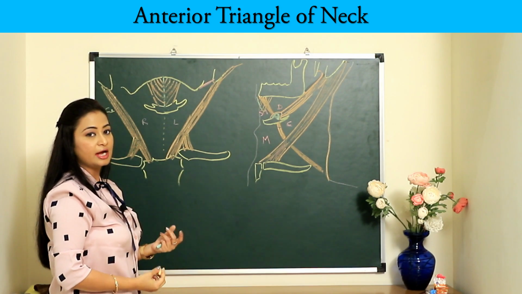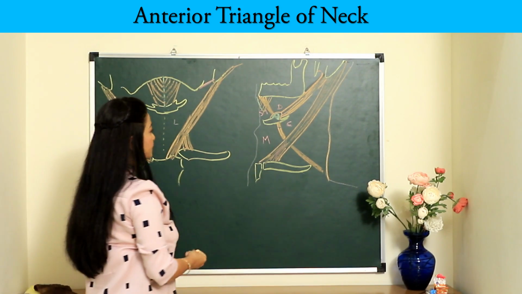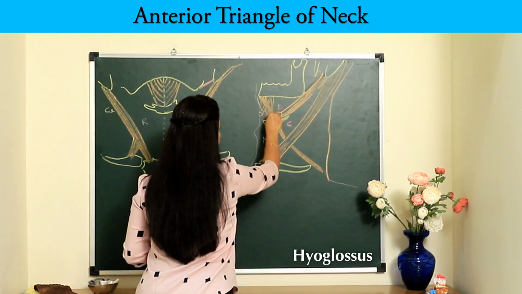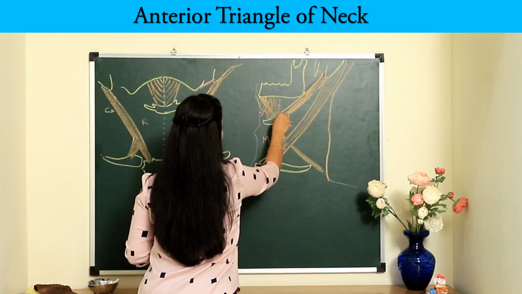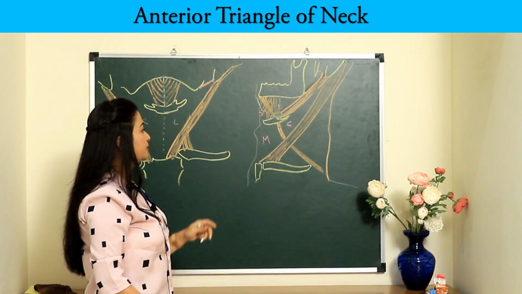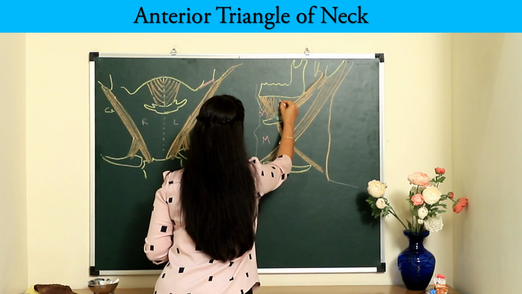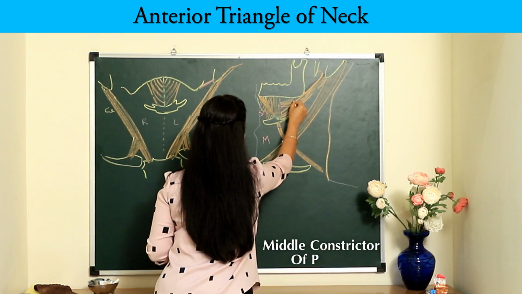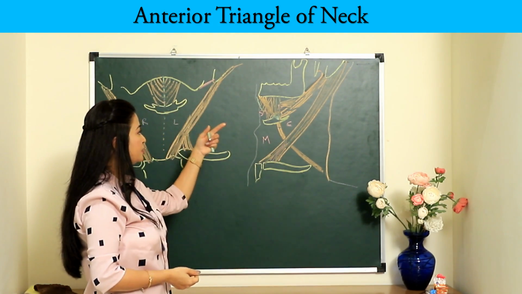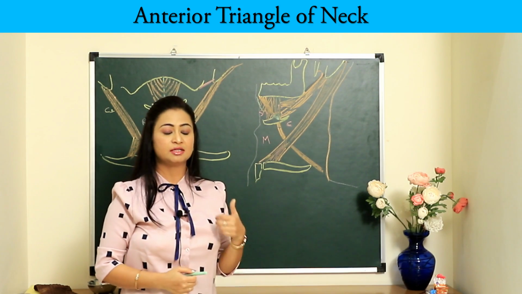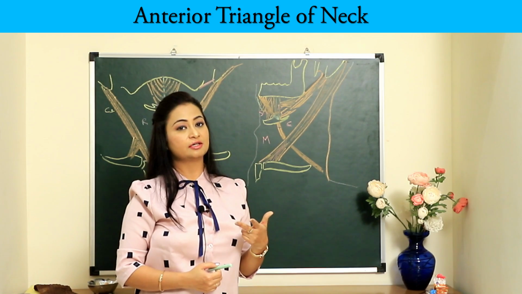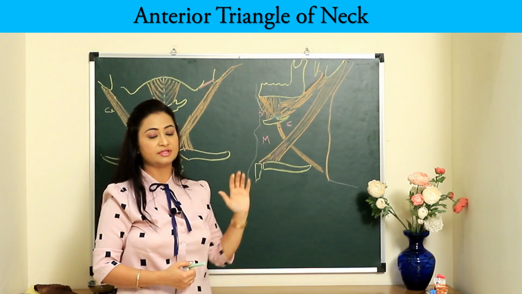Alright, next, deeper to the mylohyoid, you have another muscle known as the hyoglossus, the fibers of which run vertically downwards like this onto the hyoid bone. So these also form the floor of this triangle, and the deepest fibers belong to the middle constrictor of the pharynx. Okay, so these three muscles from superficial to deep, the mylohyoid, the hyoglossus and the middle constrictor muscle of the pharynx form the floor of this triangle.